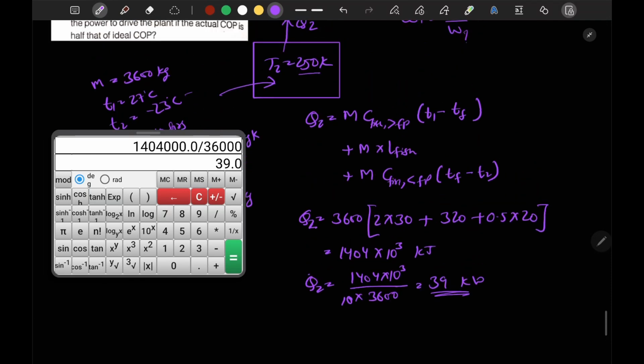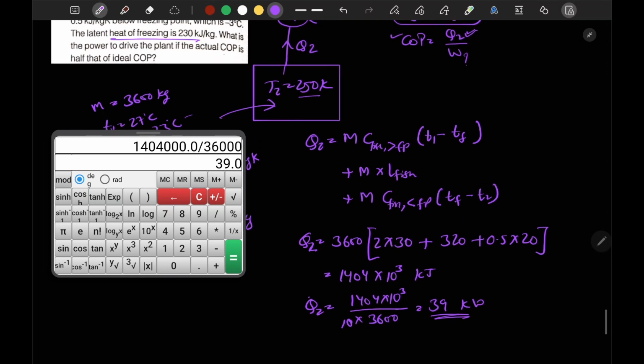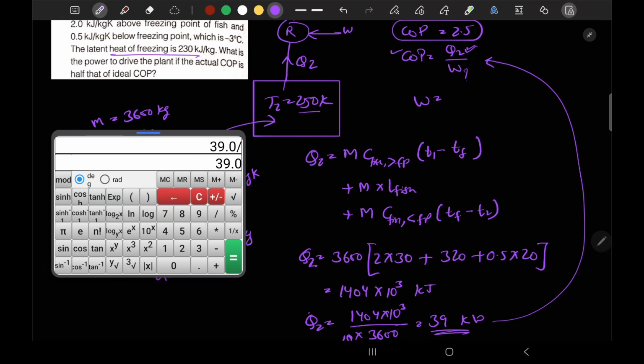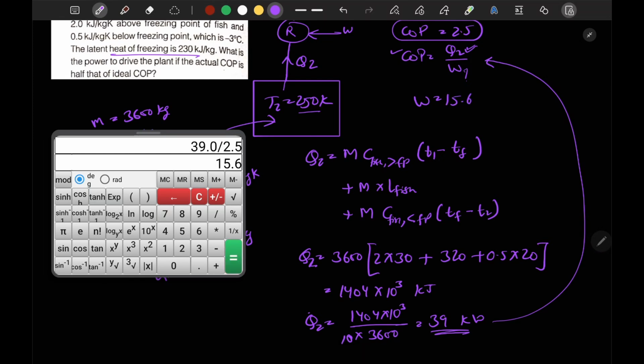Now we can use this value of Q2 to calculate our value of W. We substitute this value here: COP is equal to Q2 upon W, so W is equal to Q2 upon COP. So Q2 we know, divided by COP, which is 2.5. We'll get W is equal to 15.6 kilowatt.